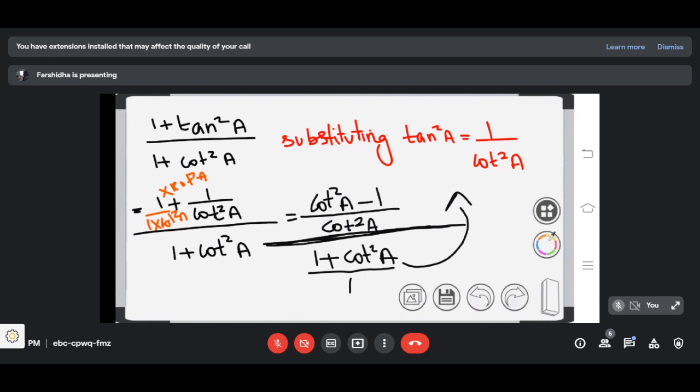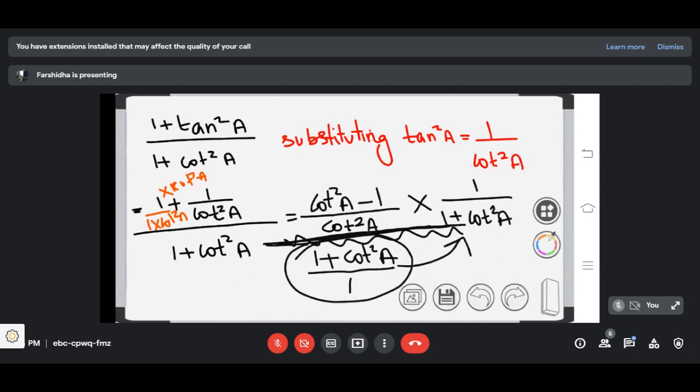So when I take it to this side, it will be the reciprocal of 1 plus cot square A. So I can write cot square A plus 1 divided by cot square A. Then this division sign will become multiplication, and 1 plus cot square A by 1 becomes the reciprocal, that is 1 by 1 plus cot square A. I have taken this term to this side.